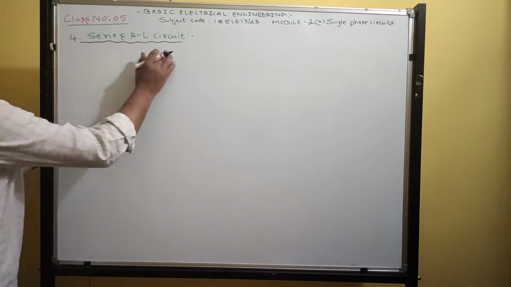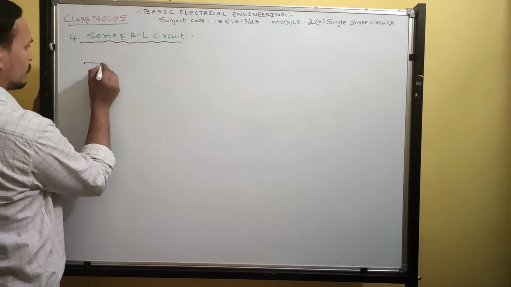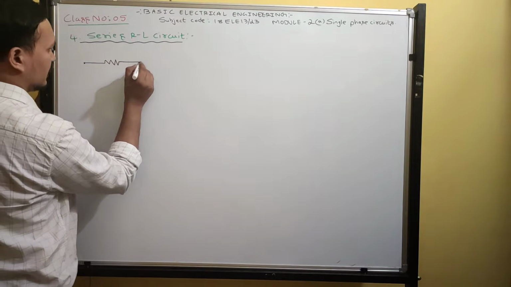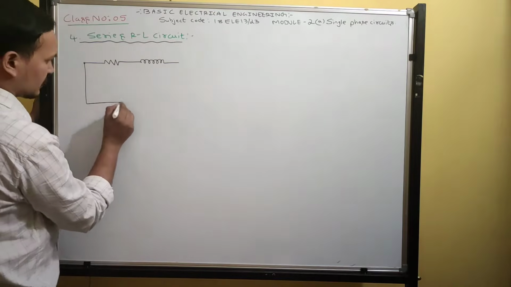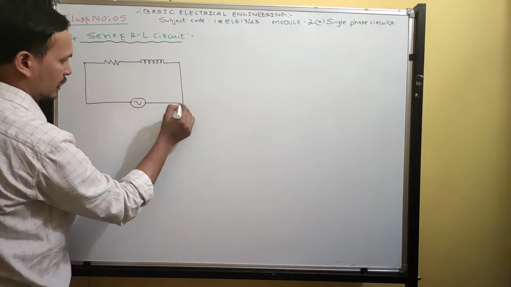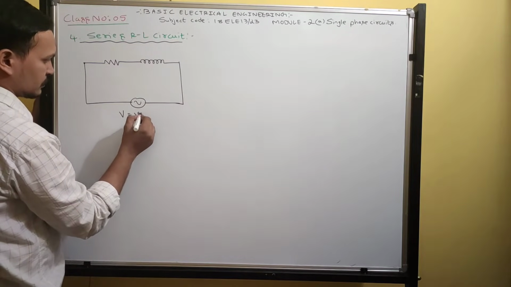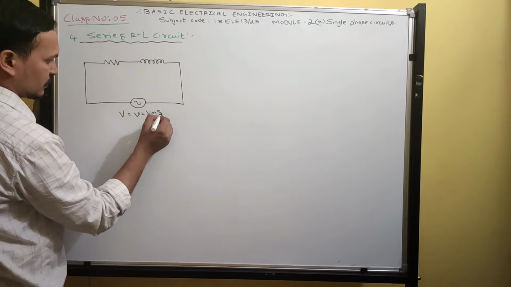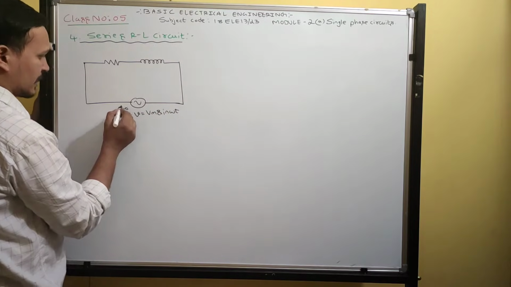Okay, so what do you mean by series RL circuit? The circuit consisting of resistance and inductance connected in series across the supply voltage is called a series RL circuit. Now you apply some voltage. V is equal to instantaneous voltage Vm sine omega t. So it is RMS voltage.